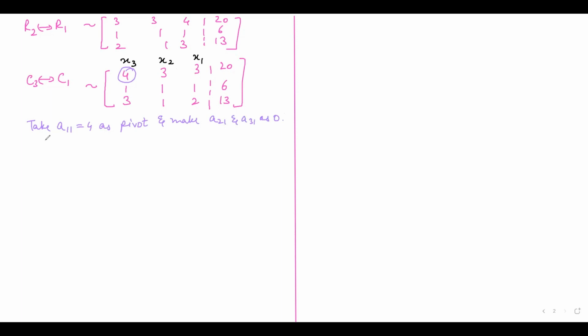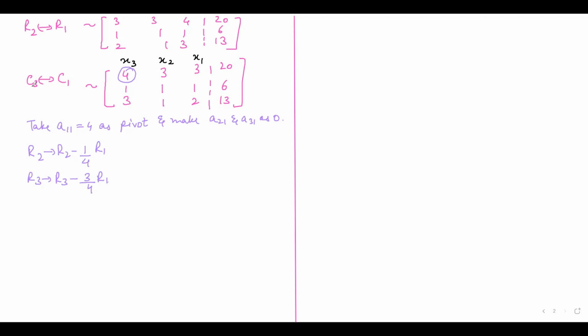So the elementary row operations, as I have explained how to find them, would be row 2 minus A21, that is 1 upon the pivot element, times row 1. And row 3 would be row 3 minus 3 upon 4, row 1.